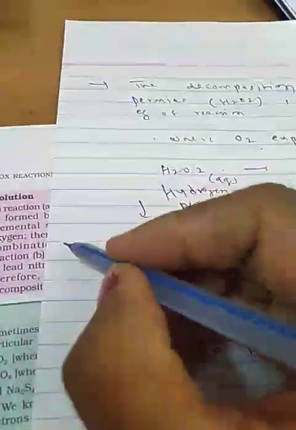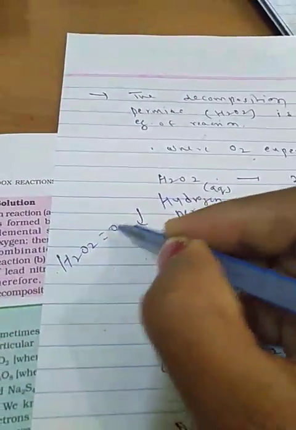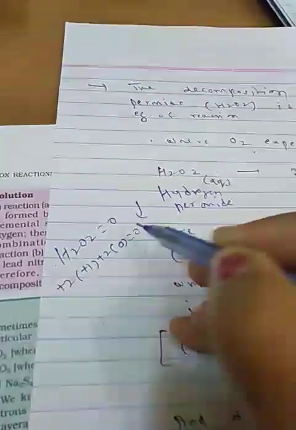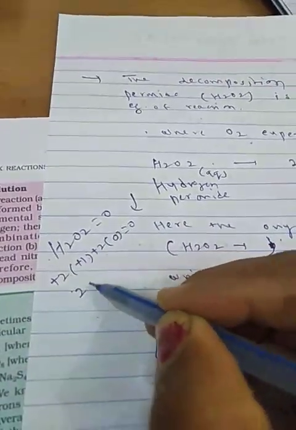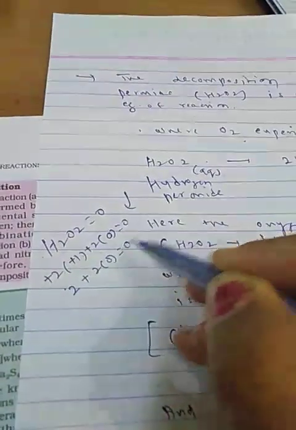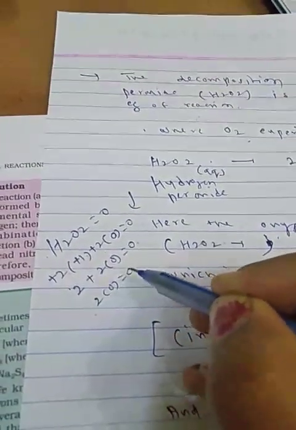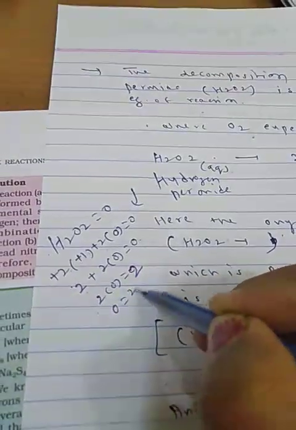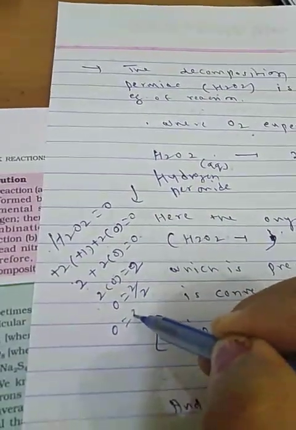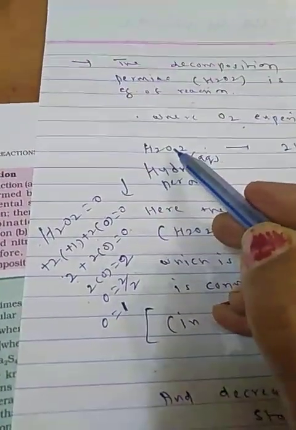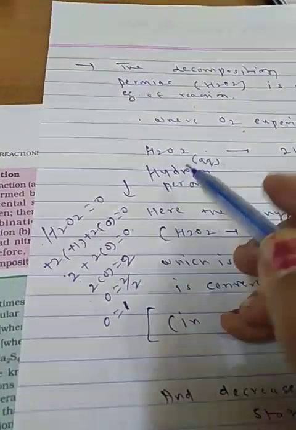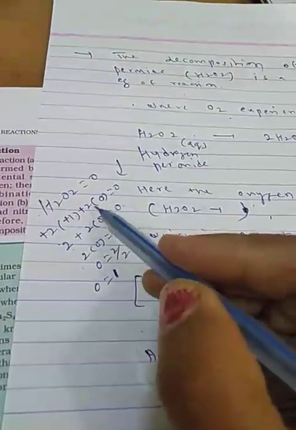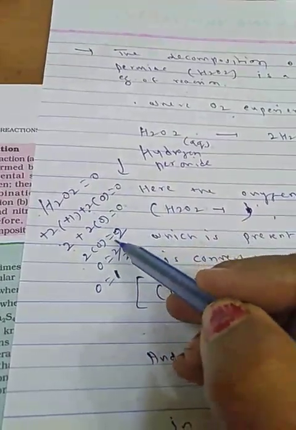See, H2O2 is equal to 0, so 2 times (+1) plus 2 oxygen is equal to 0, so 2 oxygen is equal to -2, so oxygen's oxidation state is not +1 but -1.